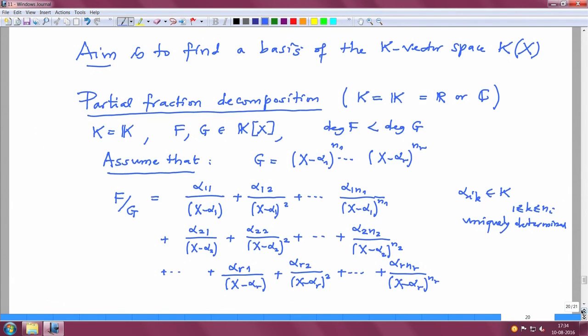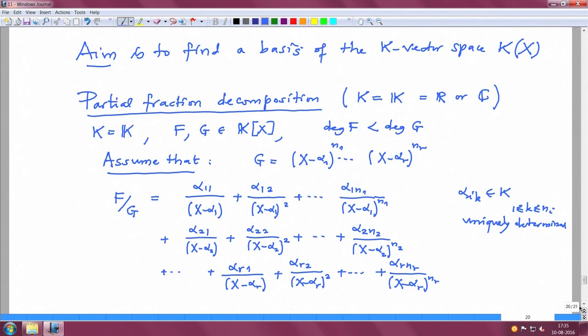Because of that assumption, I can assume g factors like this. I can also absorb the top degree coefficient of g, a non-zero constant in a field, into the numerator by multiplying by its inverse. So without loss I can assume g is like this.